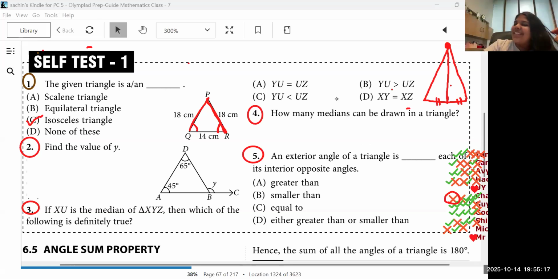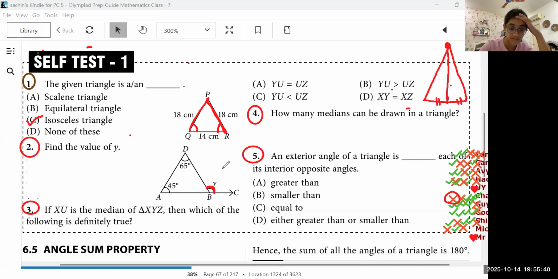Sir, I forgot. Now do you remember? Yes. Now this is an exterior angle. Candy, what is the exterior angle theorem that we did? I don't remember. The exterior angle is equal to the sum of the opposite interior angles. Do you remember now? Yes, sir.